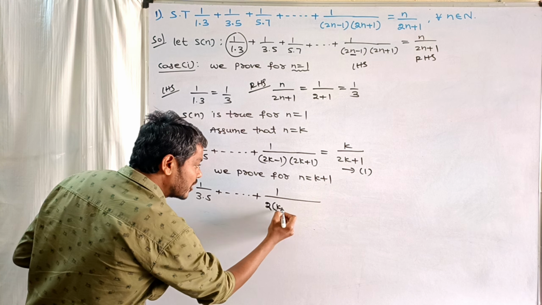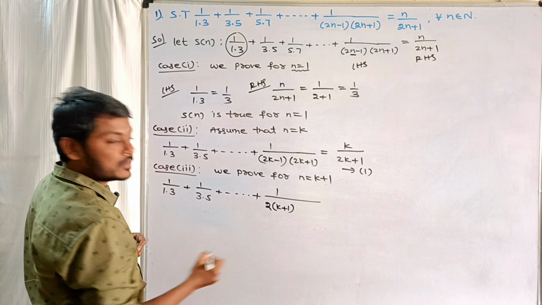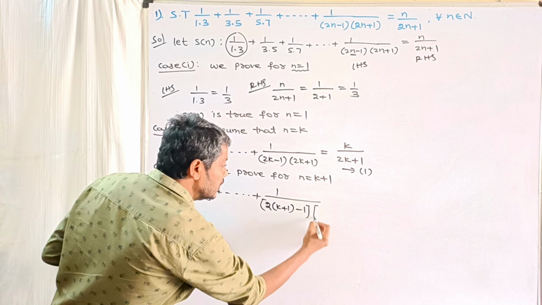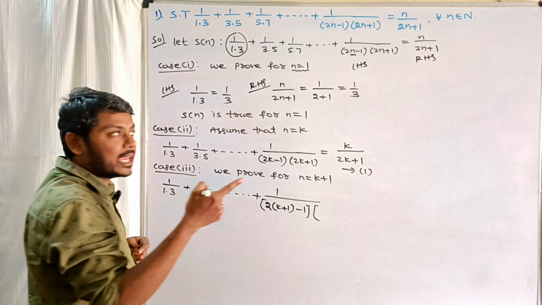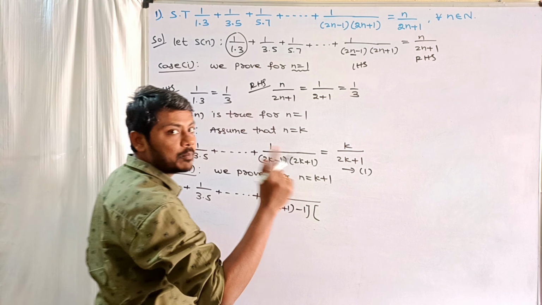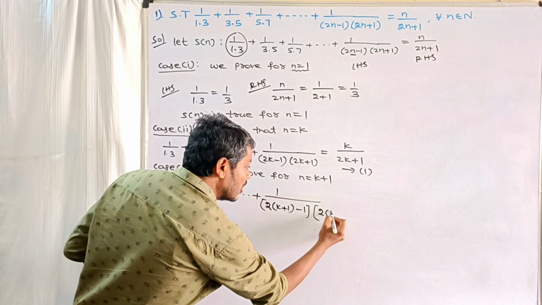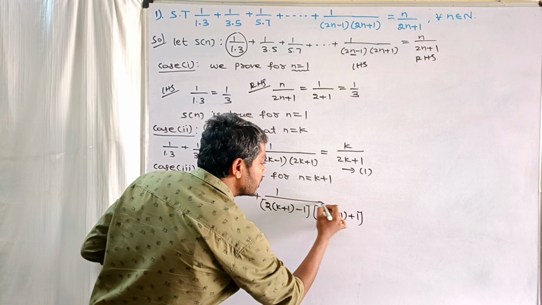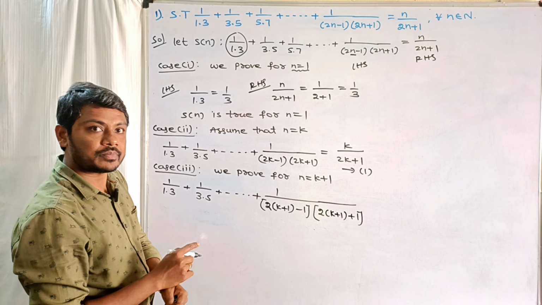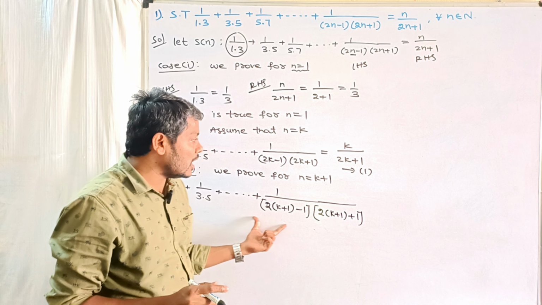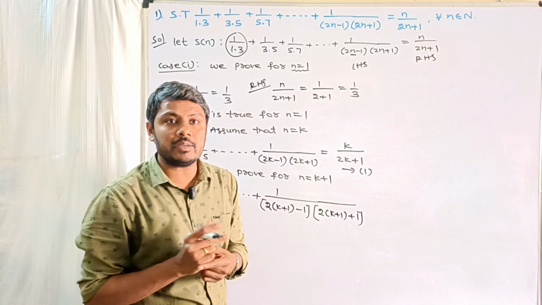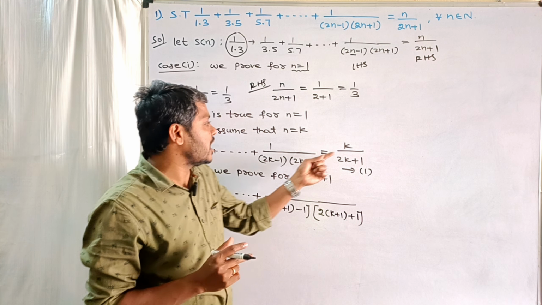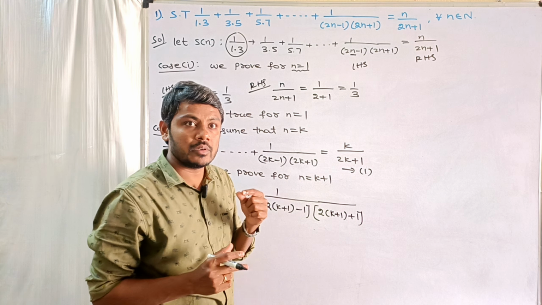That is 2 of k plus 1 minus 1 into 2n plus 1. Again replace n by k plus 1. That is 2 of k plus 1 plus 1. So these are 2k plus 1 terms. Here we have already, up to k terms, value is k by 2k plus 1.